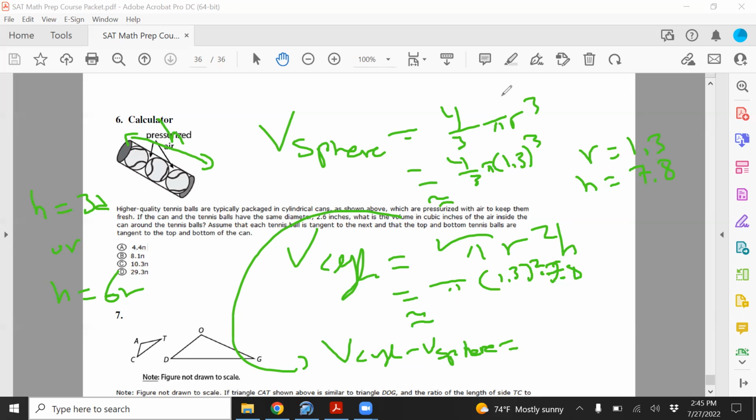9.2, and times pi. Oh, hold on a sec. That's 41.4.